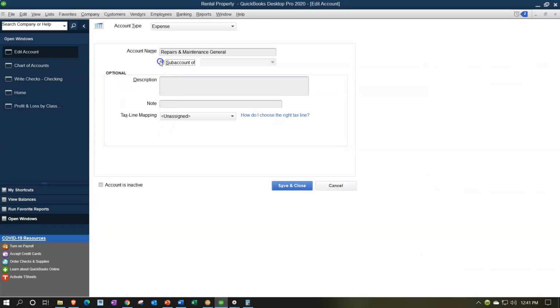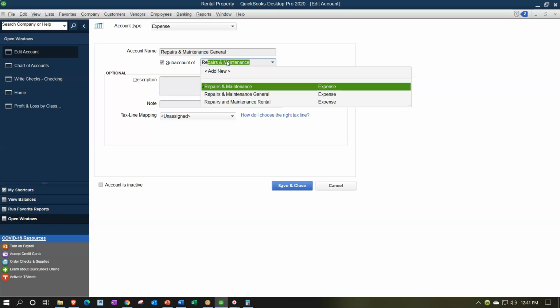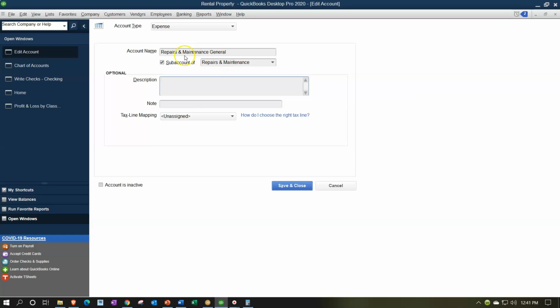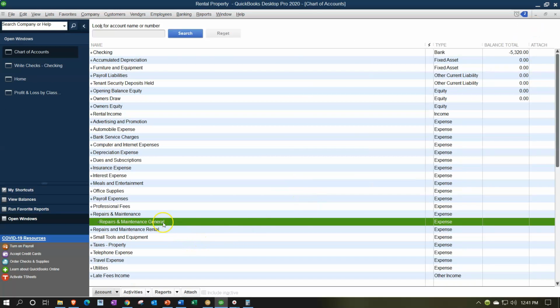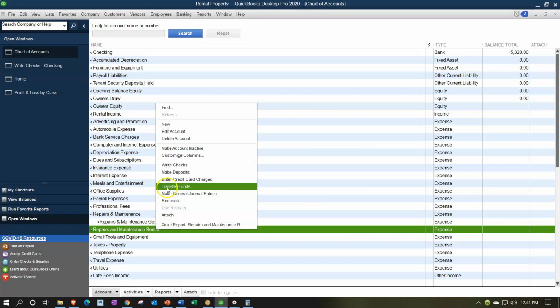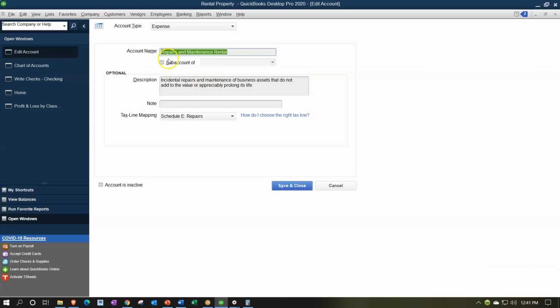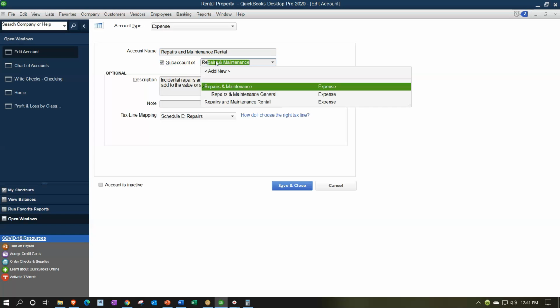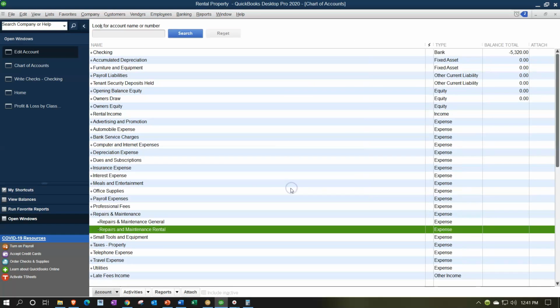I'm going to make it a sub account of the repairs and maintenance. And so that means it's going to be underneath it. So I could just call it general versus rental. So general being the entire property, rental being for the rental property specifically. So I could edit this one and say I want to make this subsidiary to the repairs and maintenance account. So there we have it.